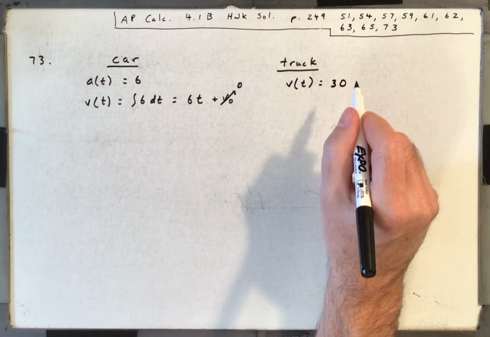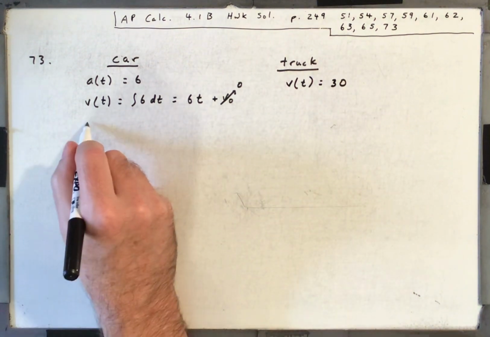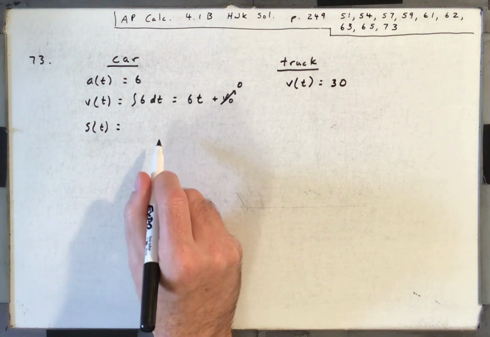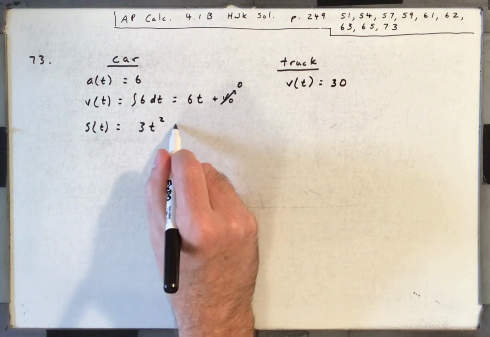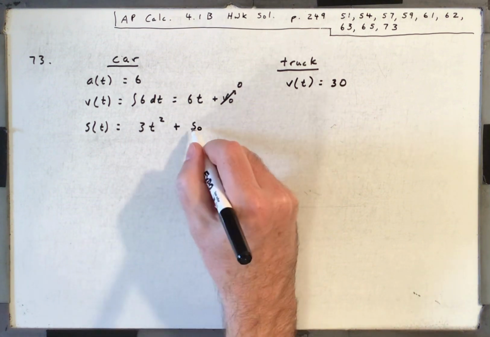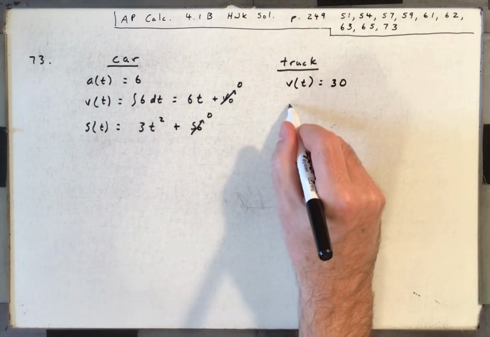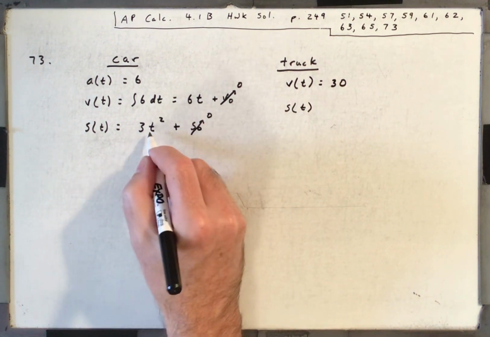We want to know, when are their positions equal? So S of t for the car would be 3t squared plus the initial position, but let's just call that 0 at the stoplight. How did I get that 3t squared?